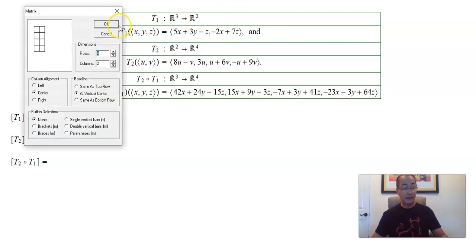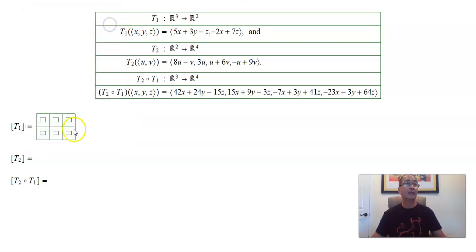Keep remembering that they're flipped. So our matrix is 5, 3, minus 1 in row 1, negative 2, 0, there is no y, and 7 for z. Okay, that is the matrix for T1.